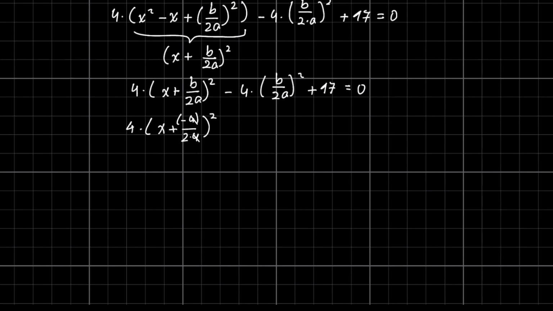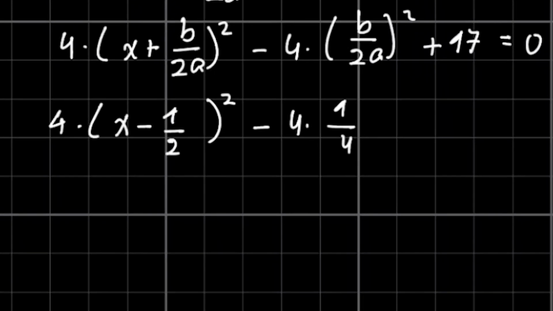So I can rewrite this as x minus 1 over 2, this binomial squared, multiplied by 4, minus now 4 times my negative 4 over 2 times 4, and that is going to be squared. Here I'll also have a negative half, that is going to be squared. And when I square this negative half, it is basically going to give me 1 over 4. And 4 multiplied with 1 over 4 is nothing but a 1, plus 17. It's going to be equal to 0.